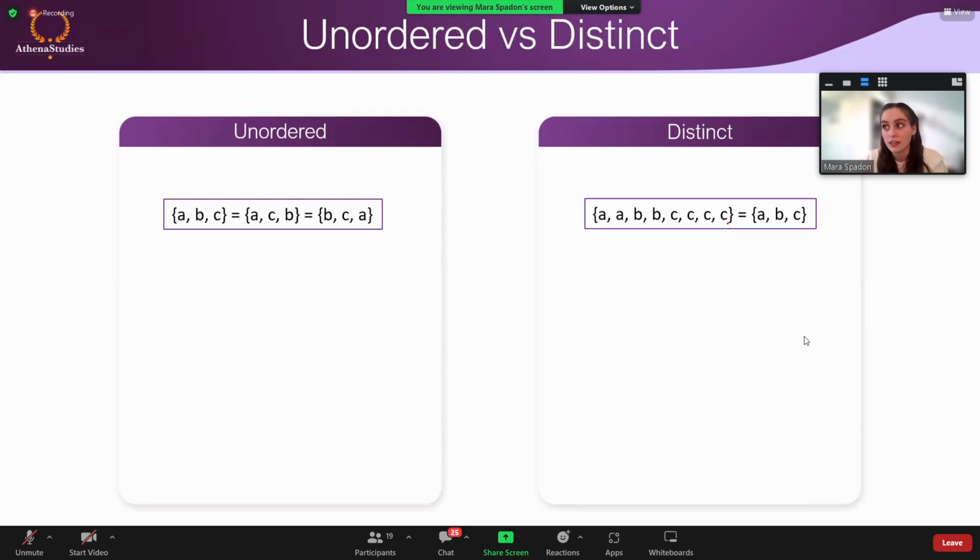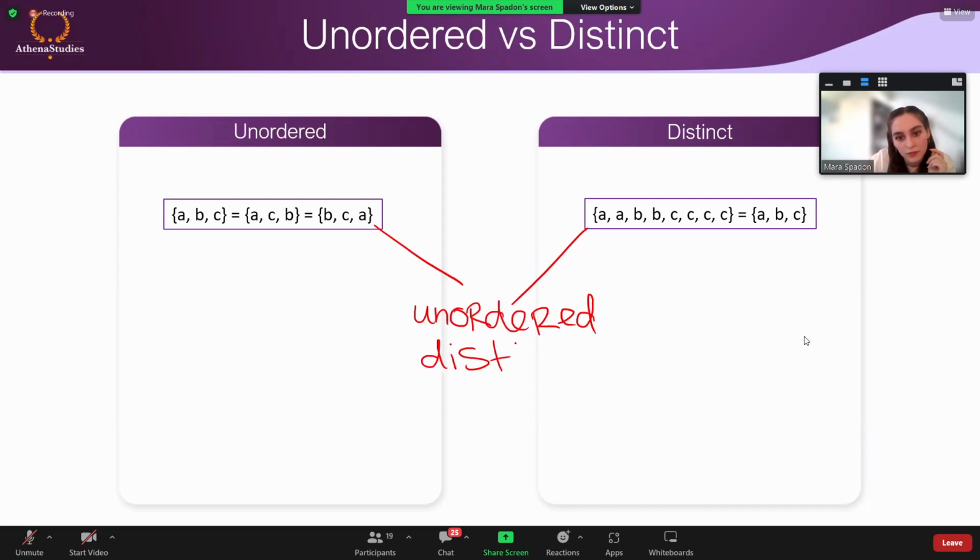A distinct set means that you can rewrite the repeated elements such that you have singular distinct elements. The objects of a set have to all be different, and it can be unordered. So that is basically what you have in a set. It can be unordered, and they have to be distinct elements.